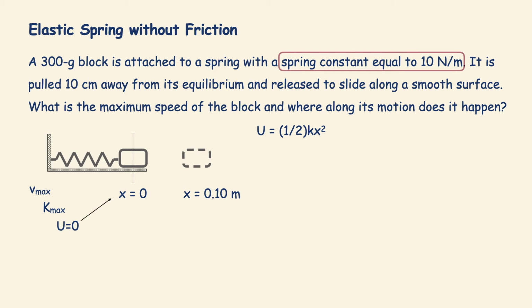Zero potential energy corresponds to zero displacement, because the formula is 1/2 kx squared, and so the location where the block moves at maximum speed will be when it's passing through the equilibrium position for the spring.